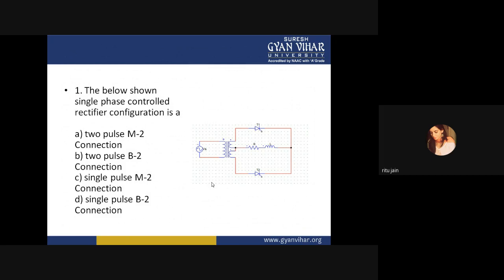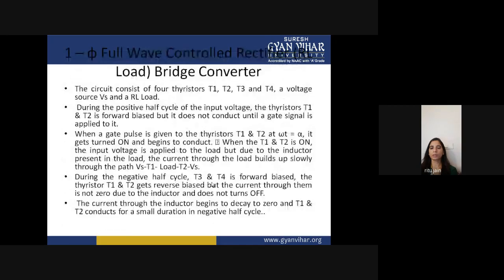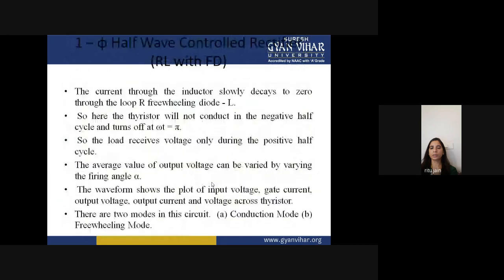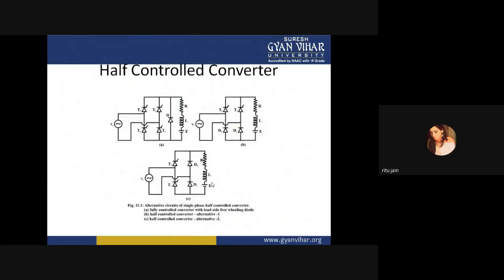If you want to convert your negative cycle also, then you will use four SCRs instead of two SCRs. Okay, so you can see in the diagram that in this lecture we have discussed half controlled converters. Okay, these are your half controlled converters.